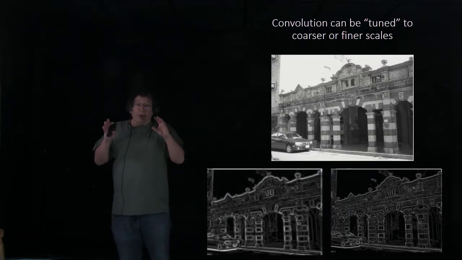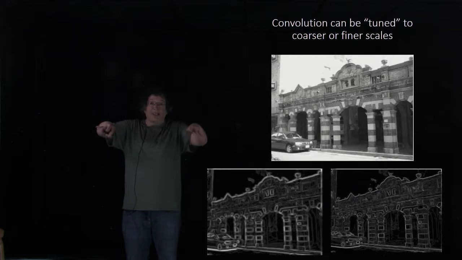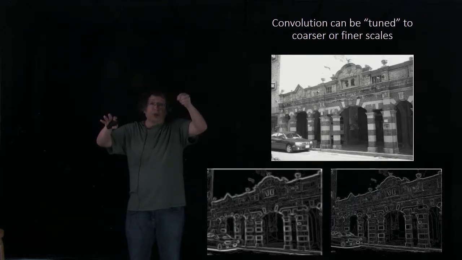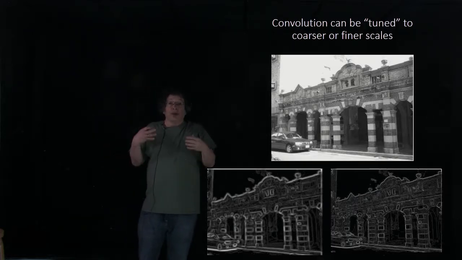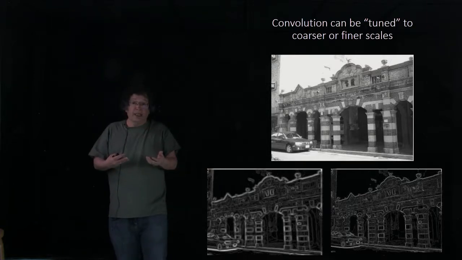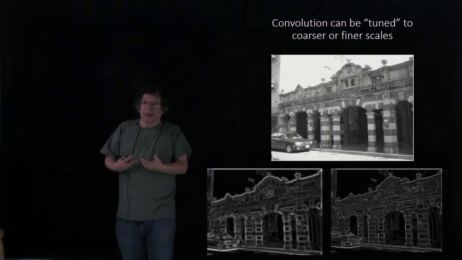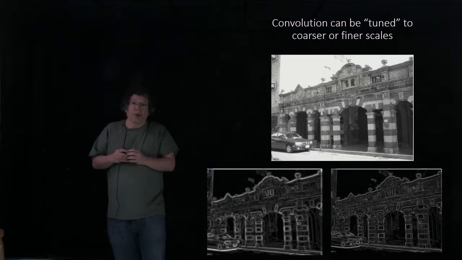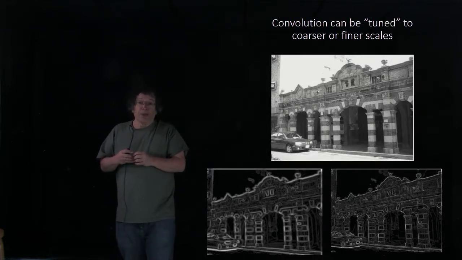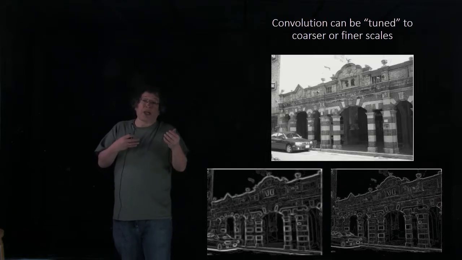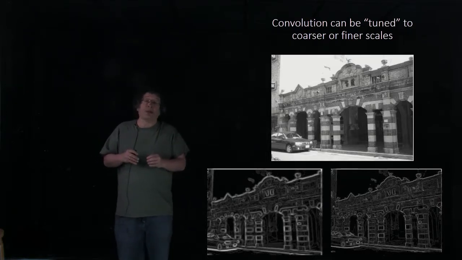So by using sombrero functions that are tuned to different kinds of edges, you can take the very same scene and look at it in a blurred perspective, like the photo at the bottom left here, or in a sharper perspective, like the image in the bottom right here.